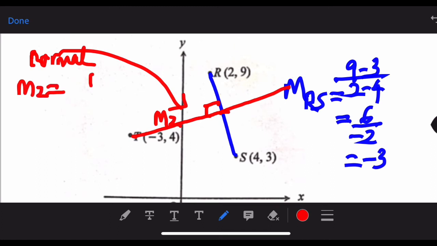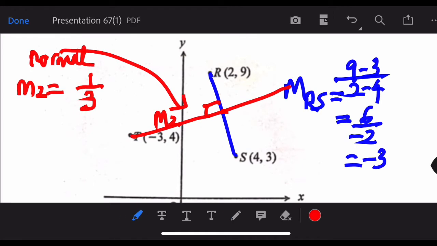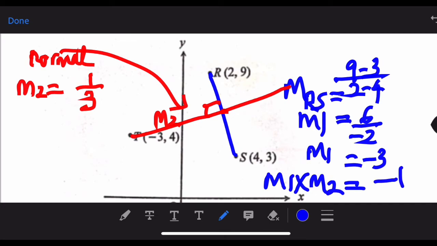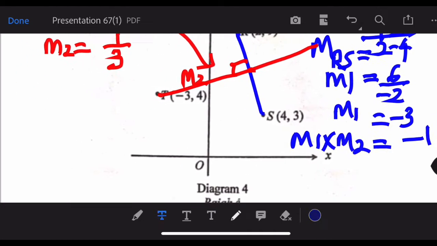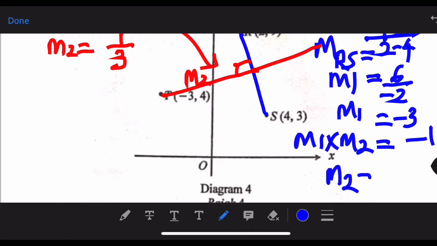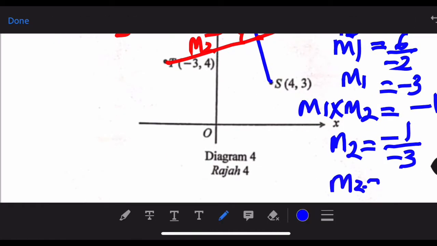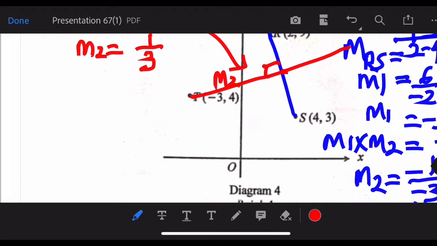Should be positive 1/3 because m1 is negative. If you are not sure, you always use m1 times m2 equals negative 1, so m2 is negative 1 over m1, which is negative 3. So we are doing the right thing. The m2 is a positive gradient, that's why the line is heading up.